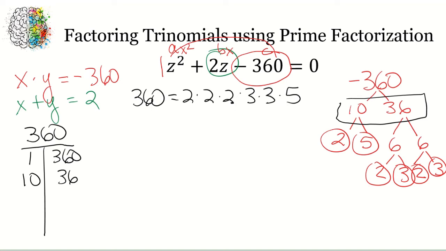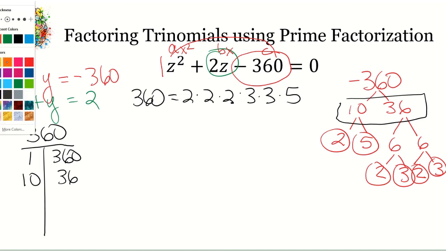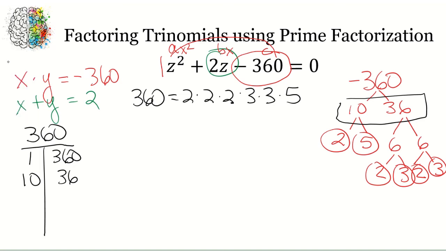Now from our prior grouping, when we're looking at our signs, we see that we're going to have a negative on the 360 and a positive on the 2. So that tells me that of my two numbers, one of them is going to be positive and one of them is going to be negative. My B is positive.